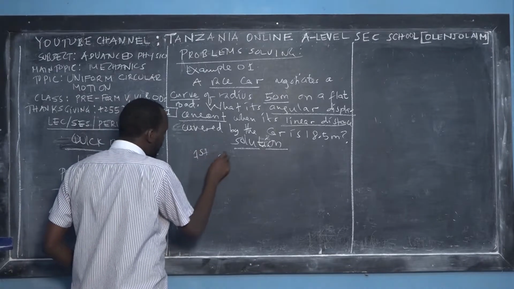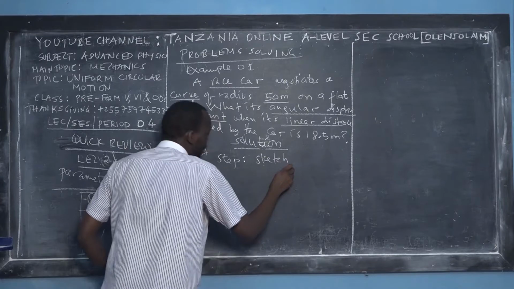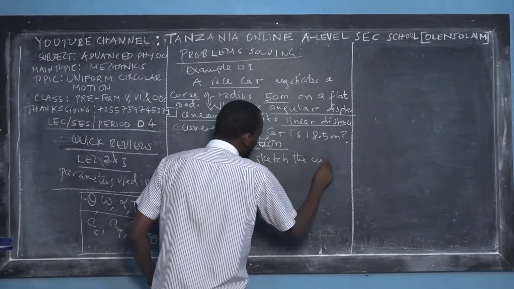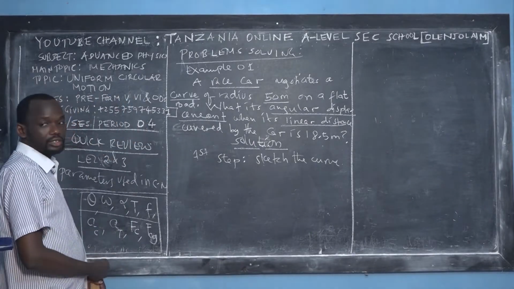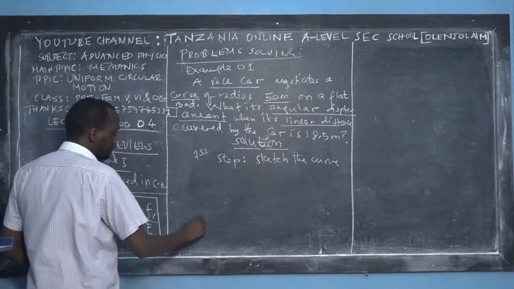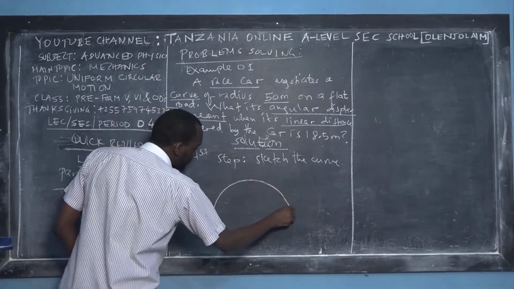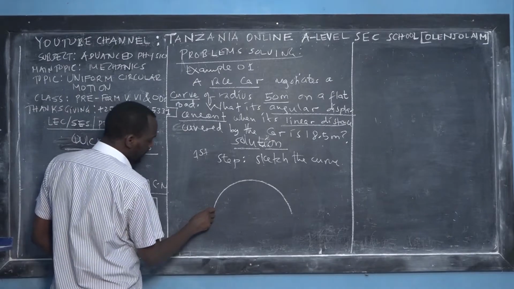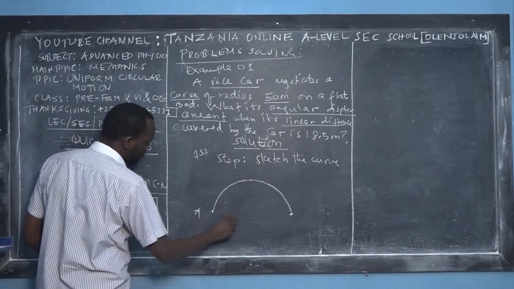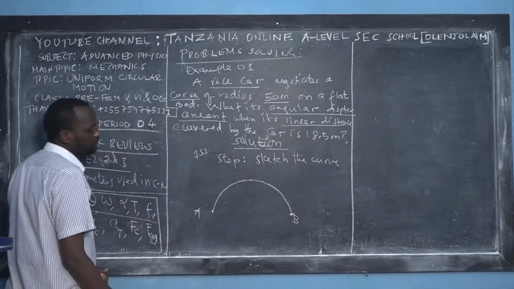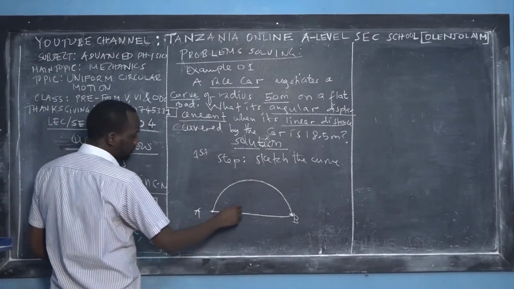The best way I choose is to sketch the curve. The question didn't say that it is a circle, so you say it's a curve, maybe a corner, from point A to point B. And you find that the radius of that curve is 50 meters.